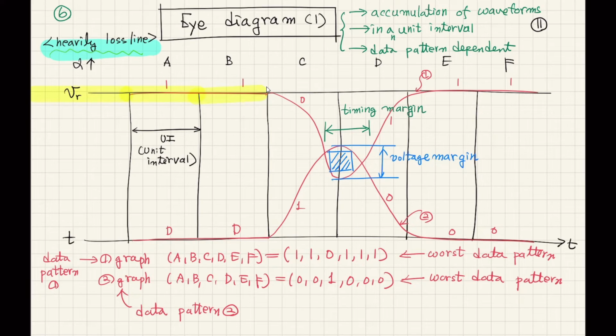Let's assume that from long time ago, the data pattern was 1, 1, 1, 1, 1, 1, 1, 1. If you are sending a digital image, let's assume your TV screen is all black or all white, then probably the data pattern could be all 1s or all 0s.